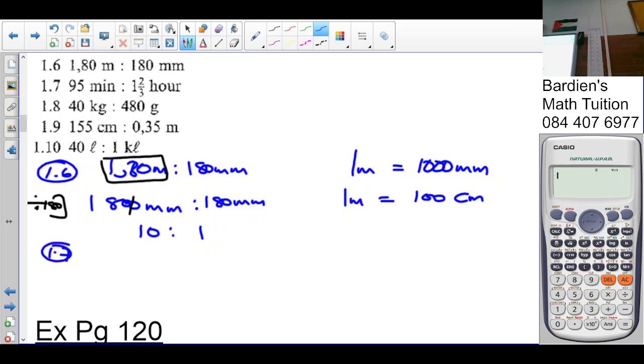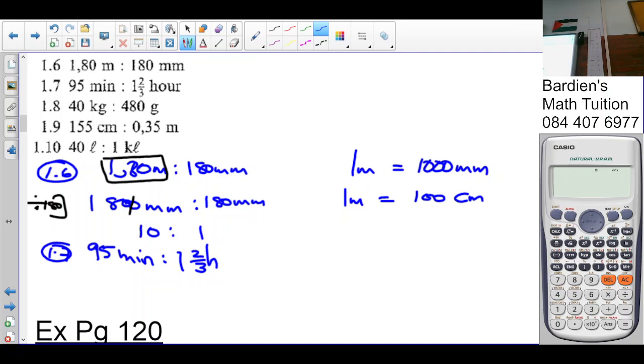So 1.7. Let's look at 1.7. We got 95 minutes is to 1 and 2/3 of an hour.